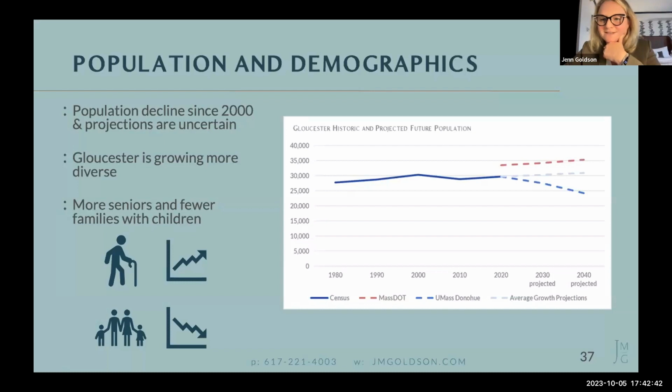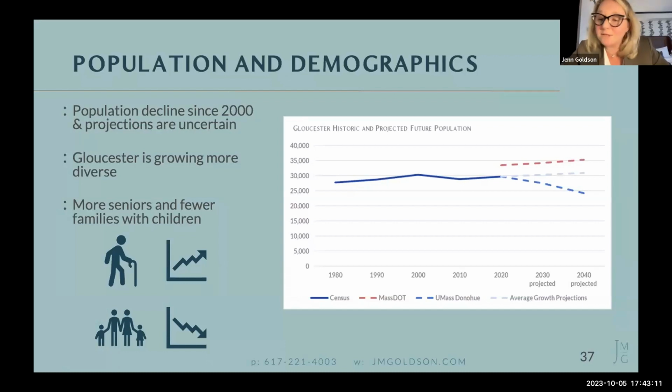And it really doesn't compare, it's really not aligned. Essex County grew a little over 9% in that period between 2000 and 2020. So as Gloucester lost population, the county grew about 9% and the state grew about 8.4%. So the trends in Gloucester are very different.